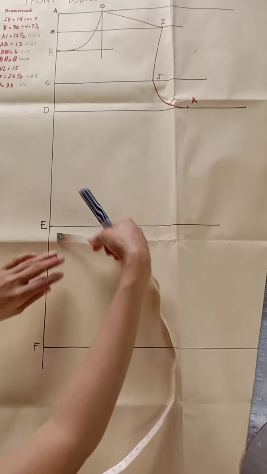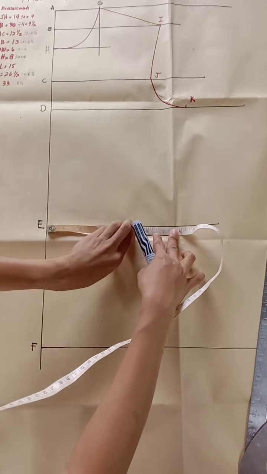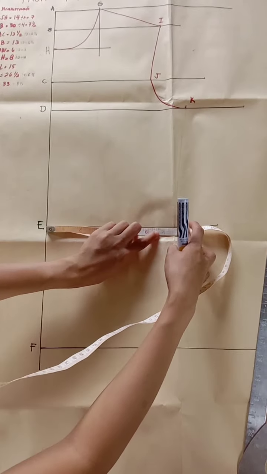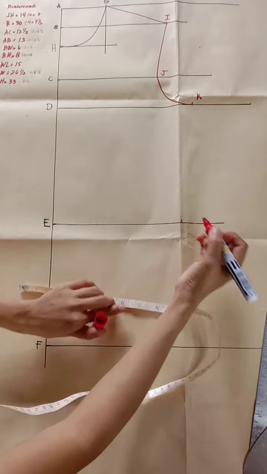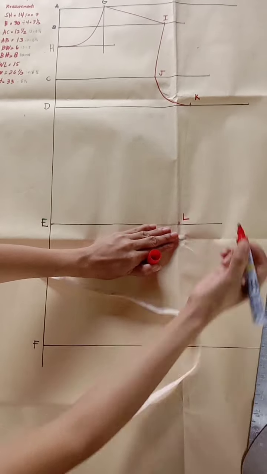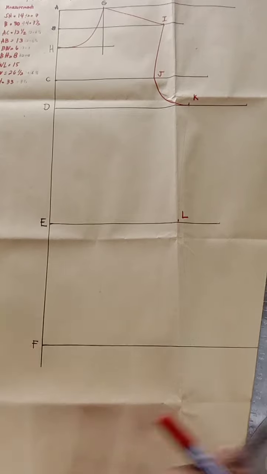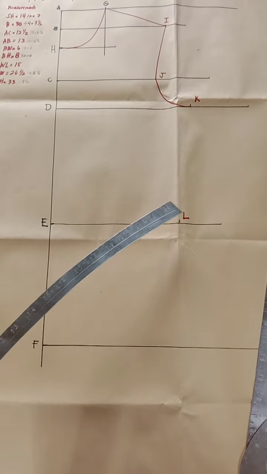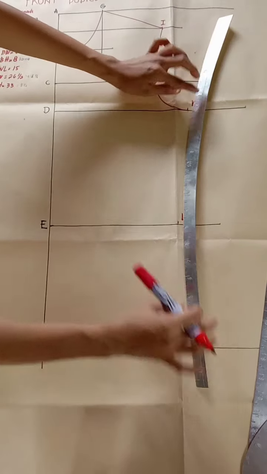So, mag-measure tayo ng 6 and 5/6 plus 1 inch, 7 and 5/6. Yan, and mark it as point L. Then, i-connect lang natin yung points K and L using a hip curve. Ganito yung position ng tool natin.